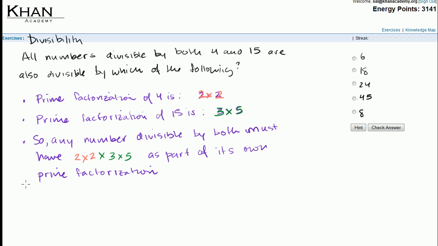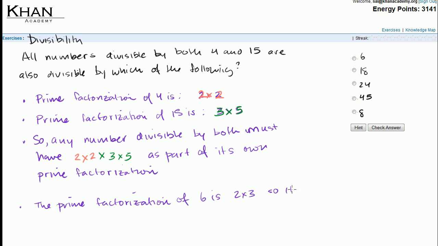And then we could look at the different choices. We could go straight to the punchline, and say the prime factorization of 6 is 2 times 3.